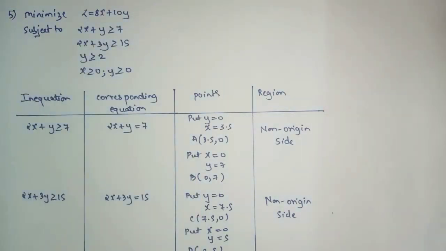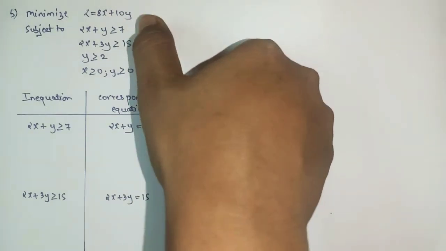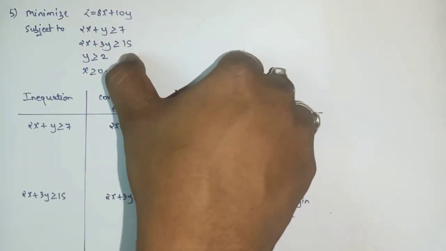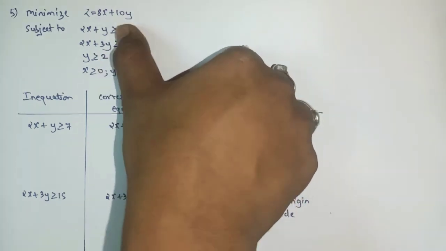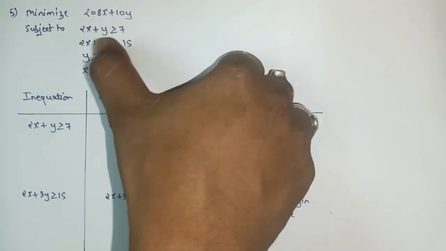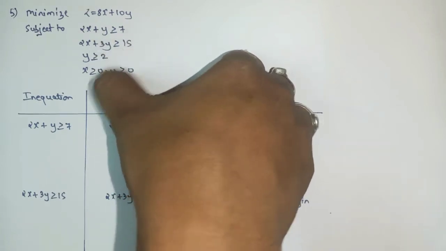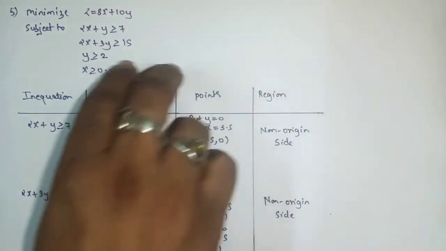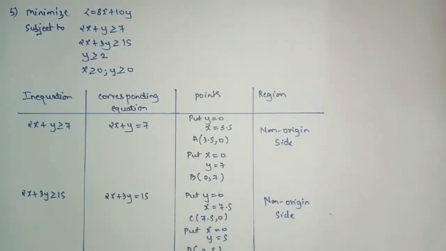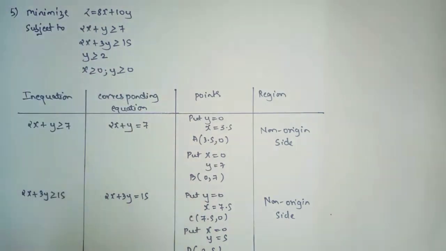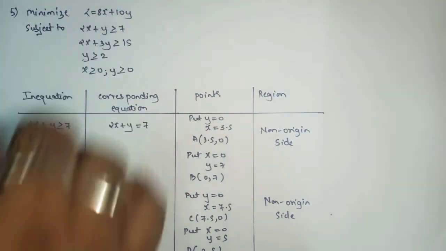And here again we have more than two linear inequations, and when you see the connectivity, it is the same: greater than equal to, greater than equal to, greater than equal to. So for this sum there are three linear inequations, and these two are the conditions. For this sum we have to find the minimized value of z, where z is 8x plus 10y.